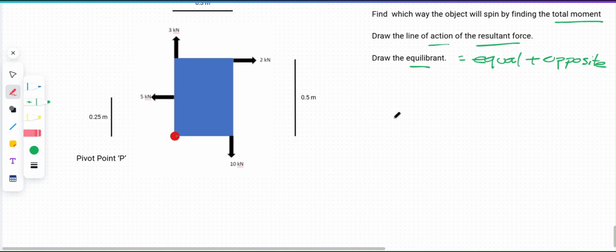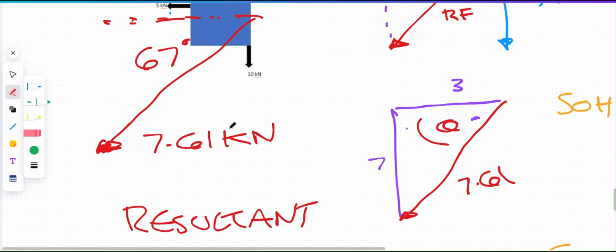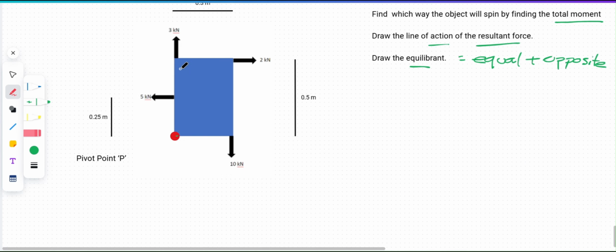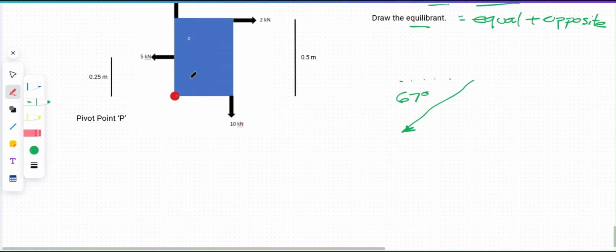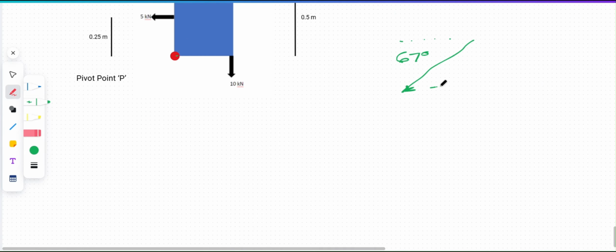Okay? So in a previous example, this example, we worked out the resultant force was 7.61 kilonewtons coming down at 67 degrees. So I'm going to draw that here somewhere, just so it reminds me of it. 67 degrees, and it was 7.61 kilonewtons.